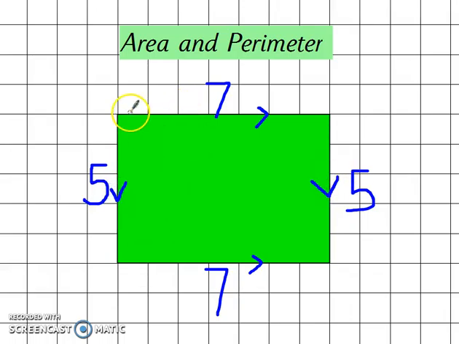Some of you might also be thinking, as an extra fact, that these are right angles, and you would be correct. To find the total perimeter, you need to just add your sides together.